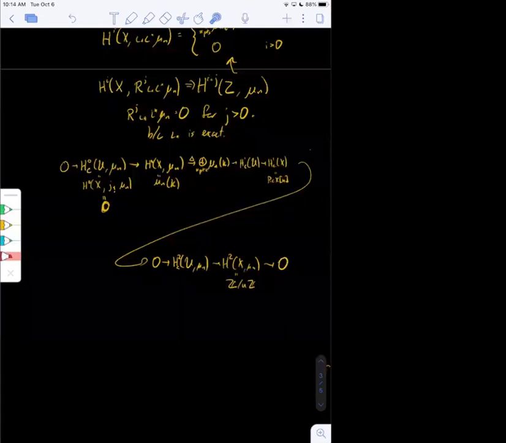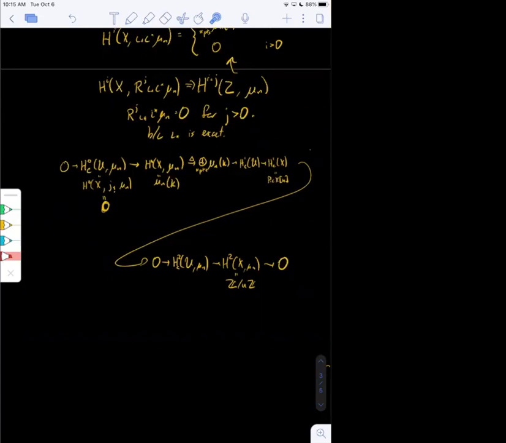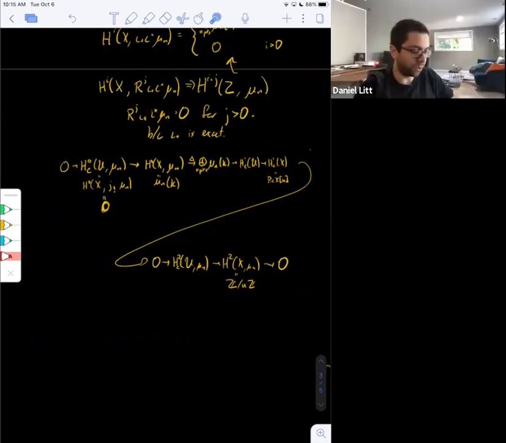Can you quickly explain why the first H0 is 0? Yeah. So this is if U is not equal to X, and so morally what you're saying is you have a non-compact variety, and you want to know what are the compactly supported sections. Oh, but they're all supported on some kind of open. So here, what are we saying?